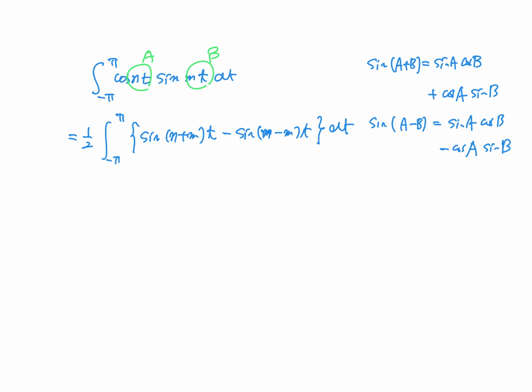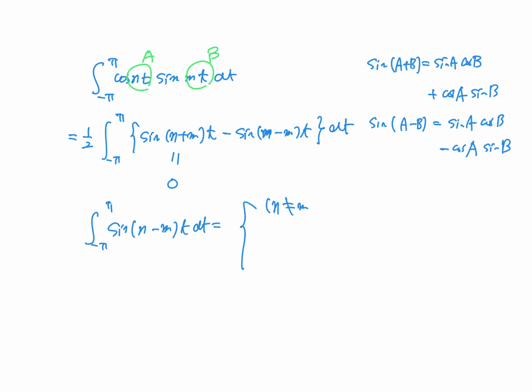So if we integrate sine from minus pi to pi, what do you get? 0, right? And when m and n are different, this is always 0. But here we have to be careful.